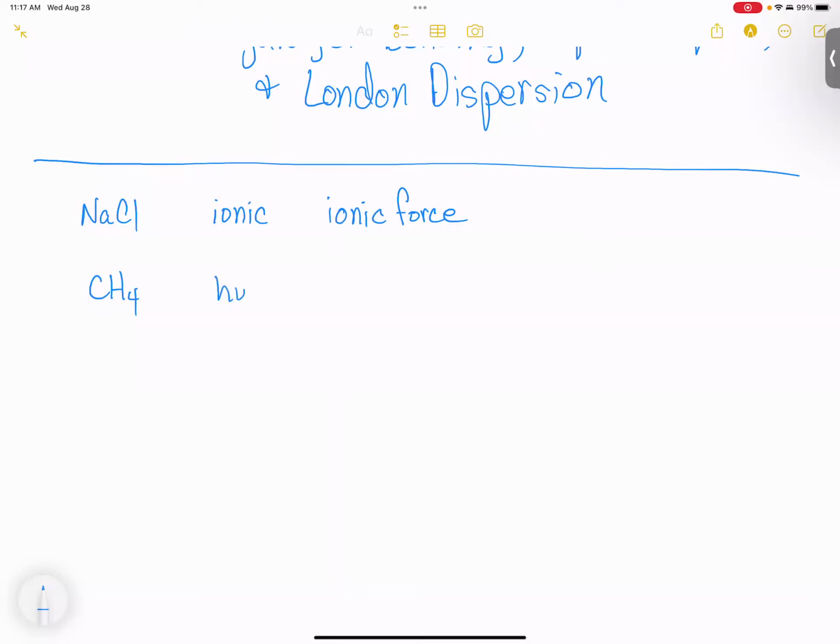It is indeed a hydrocarbon. So what does that automatically make the force? It makes it nonpolar. So it is London dispersion.